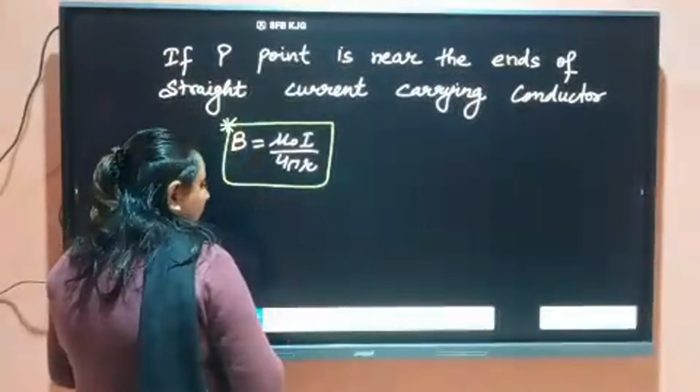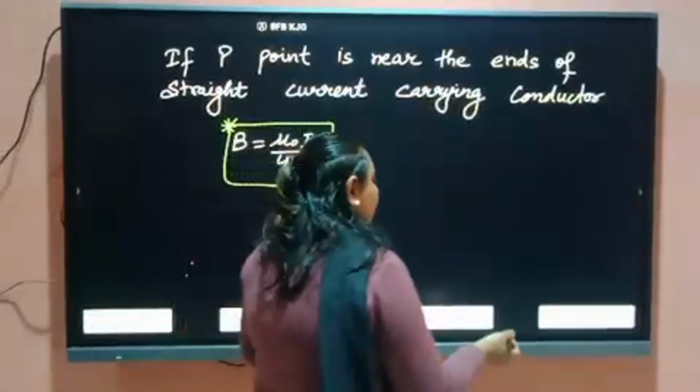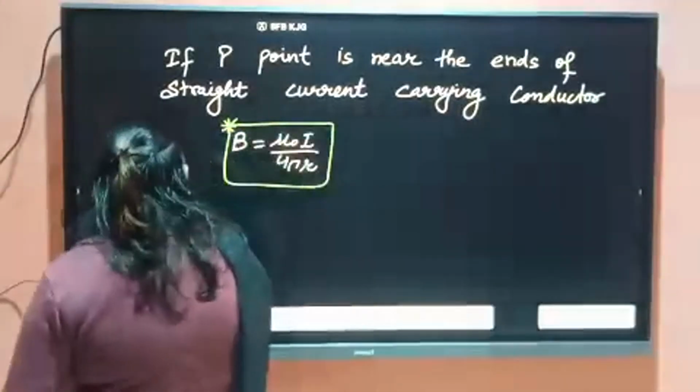So now, what are the factors on which the magnetic field of a straight current carrying conductor depends? Which factors does it depend on?